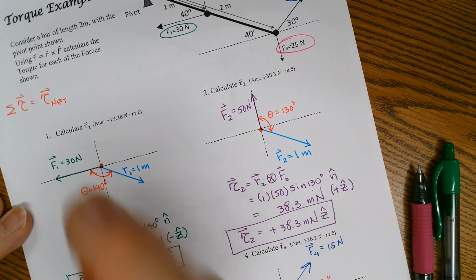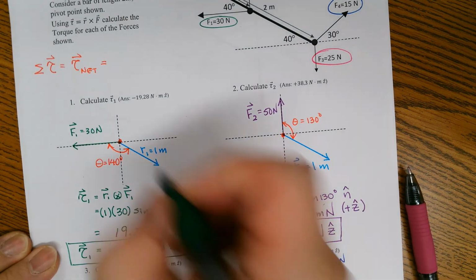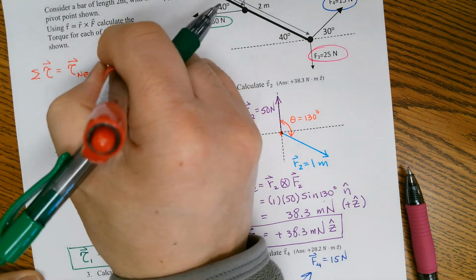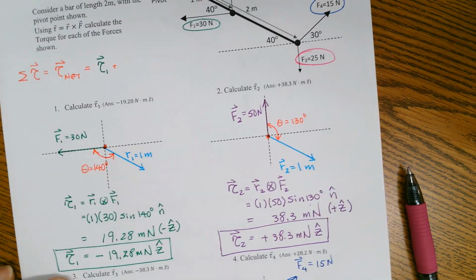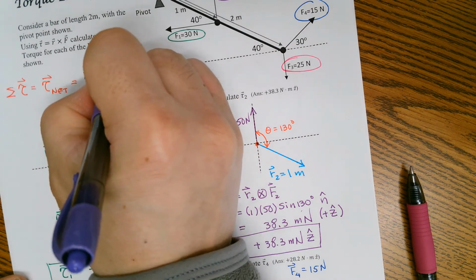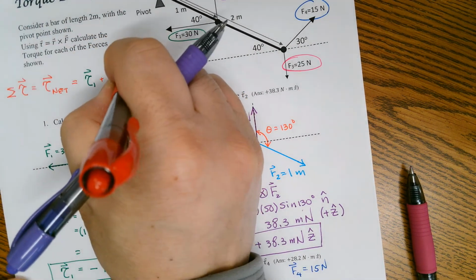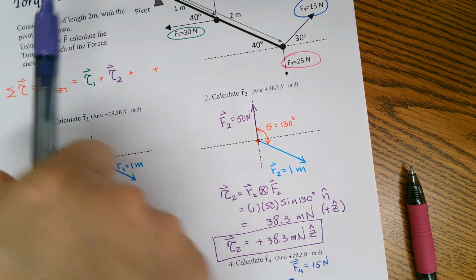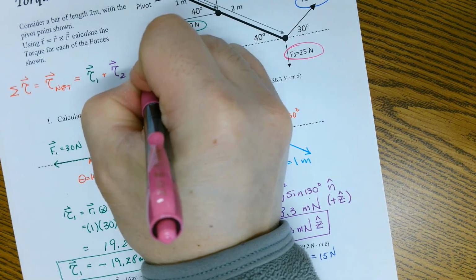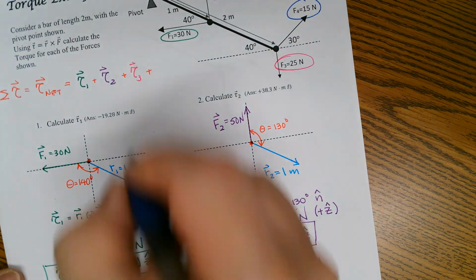That is simply equal to torque 1 plus torque 2 plus torque 3 plus torque 4.